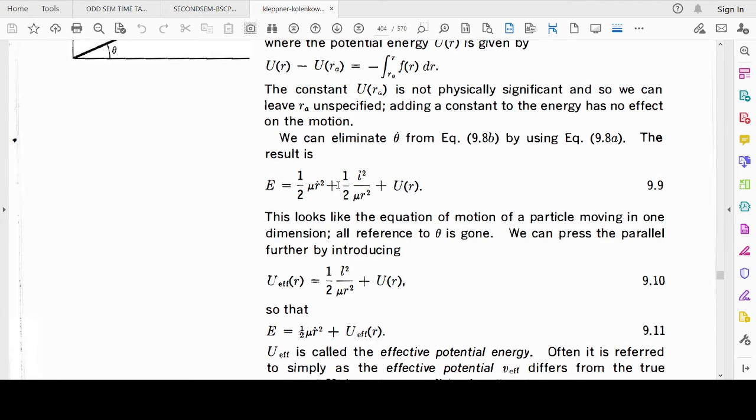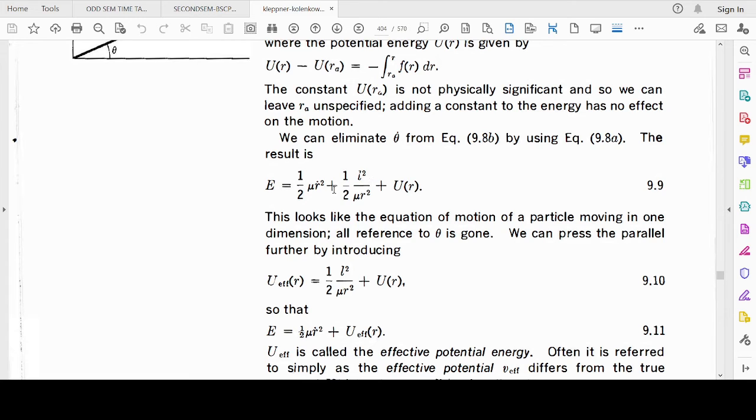The kinetic energy due to the angular motion is also considered as a potential energy, because I am considering this motion only in the r direction.